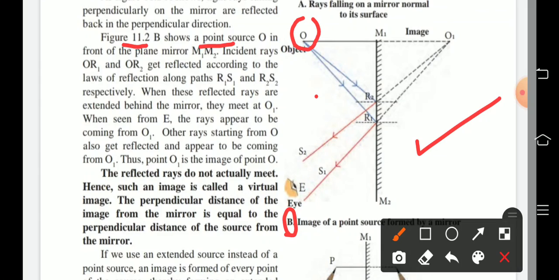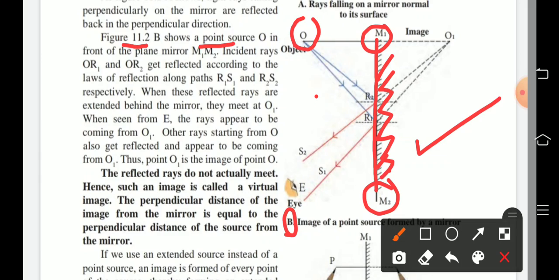In front of the plane mirror M1, M2. This is the plane mirror. These lines are showing what? A coating, a protecting layer of aluminium given on that side, or silver, anyone.